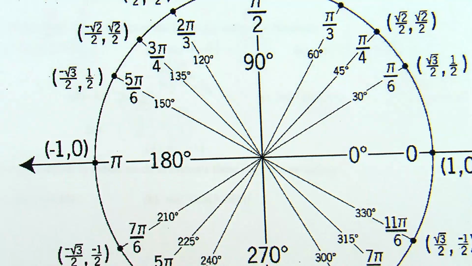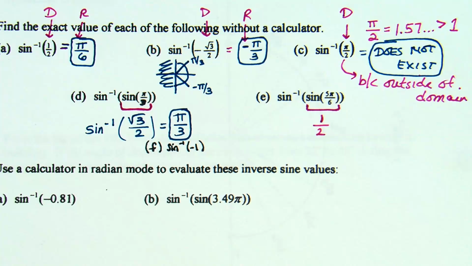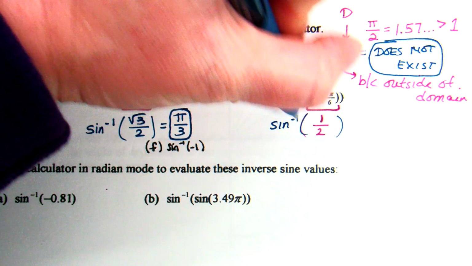So what we're saying right here is that sine of 5 pi over 6 is positive 1/2, because it's equivalent to pi over 6 in quadrant 2. So my new inside value is 1/2.